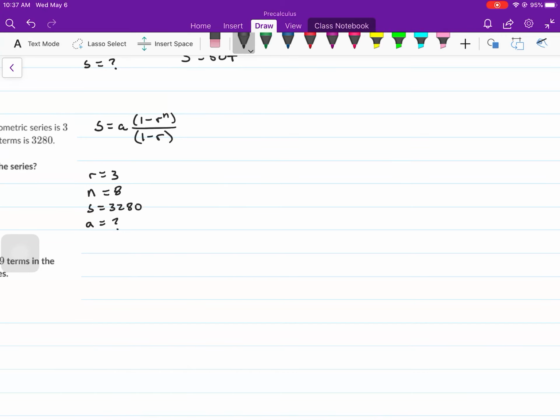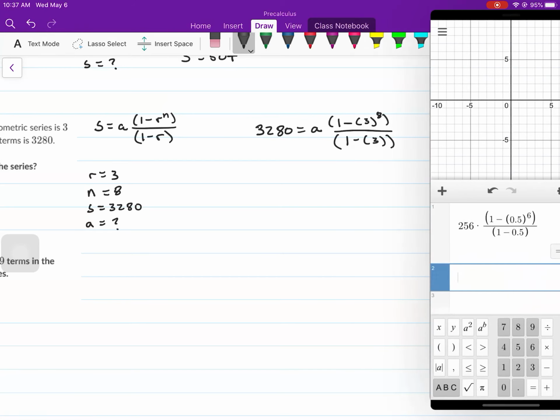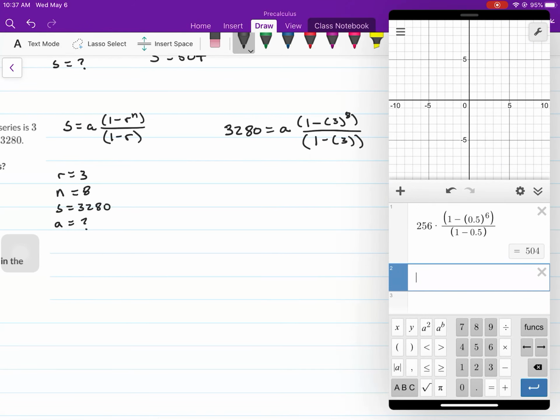So let's go ahead and plug this in. So we'll have 3280 equals a, that's what we're looking for, times 1 minus 3 to the 8 over 1 minus 3. I'm going to go ahead and just put this into Desmos real quick. I'm going to put the right-hand side in, the number next to a, see what we get for that.